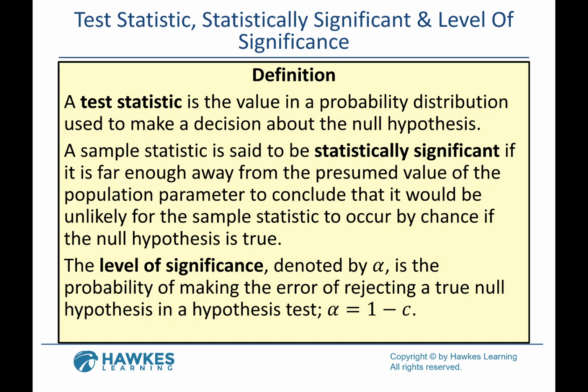So we start off assuming the null hypothesis is true, and then either we're going to agree or disagree, that's what we'll say for now, with our initial assumption. The way we make that decision is whether or not our test statistic is what we'll call statistically significant.